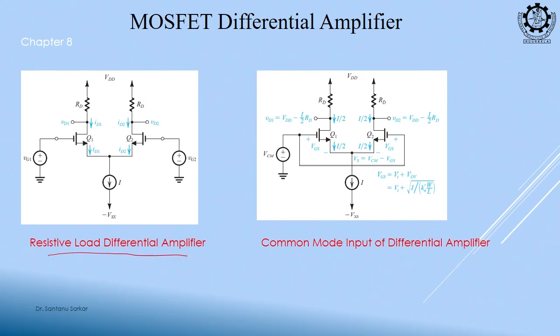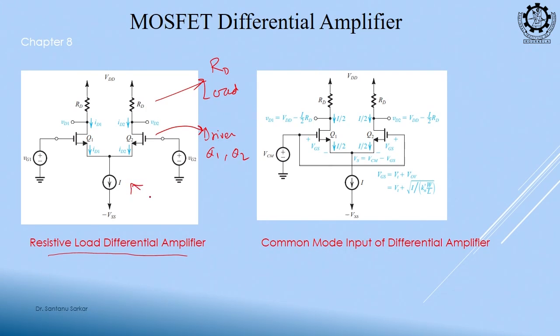Q1 and Q2 are the main matching drivers. They should be symmetrical, and the load, you see, RD is my load and this is my driver, right.